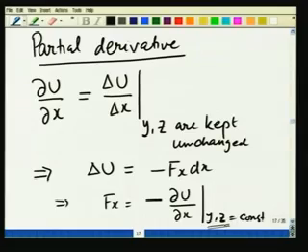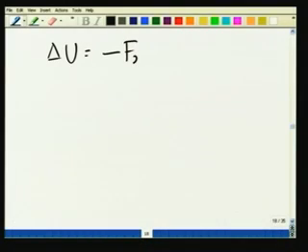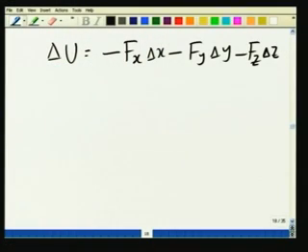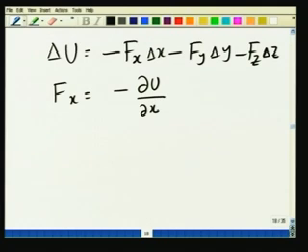However, since I am talking about a 3-dimensional case, I have to be slightly careful. When I am moving along the x axis, I do not change y and z, because that will unnecessarily mix up things. Similarly, I can now write that since delta u is equal to minus f x delta x minus f y delta y minus f z delta z, if I am moving along the x axis, the change in u is only due to the force component along the x direction, and therefore, f x is equal to minus the partial derivative of u with respect to x.